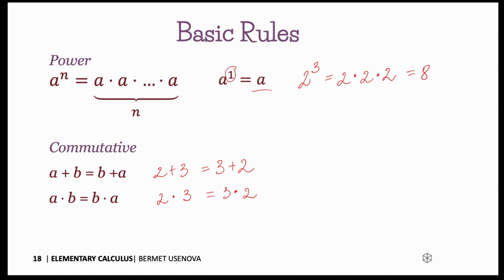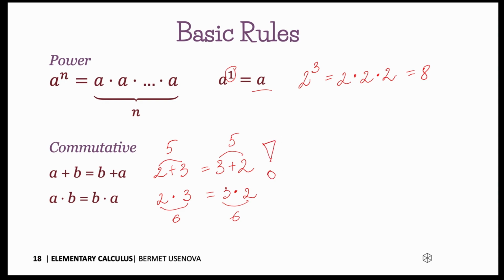It's very easy to check. We can calculate separately this part, which is 5, and this part is 5. Here we have 6, and 3 multiplied by 2 is also 6.